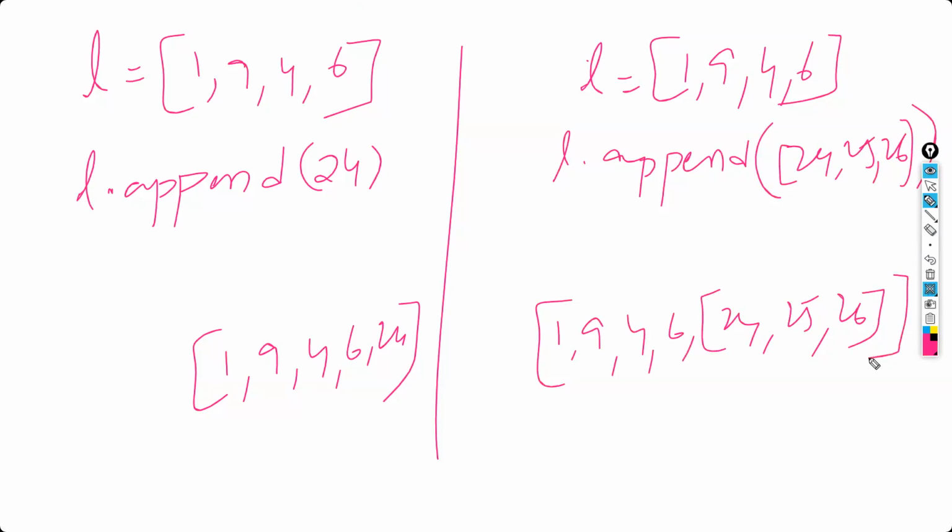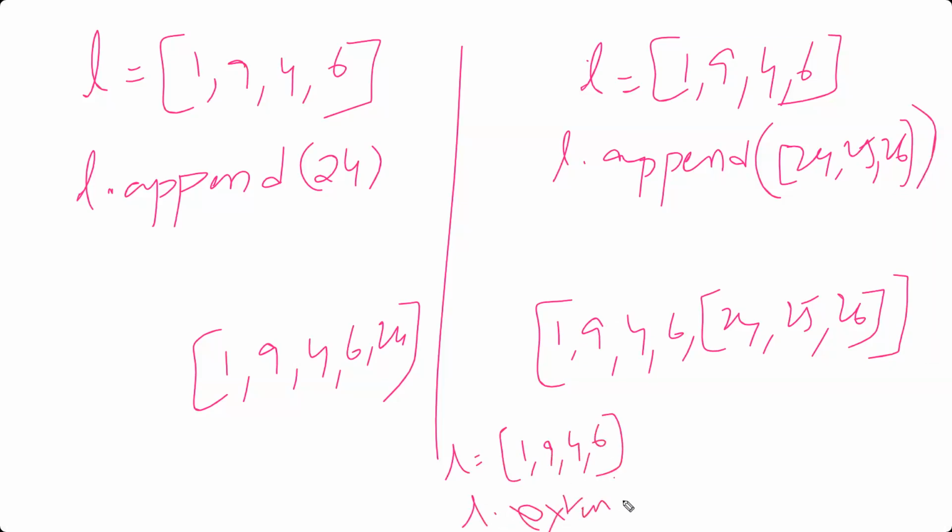Now third one is L is equal to 1946 only and L dot extend of 24, 25, 26. What is the answer of this one, guys? So separately 1946 and 24, 25, 26 will be added separately.